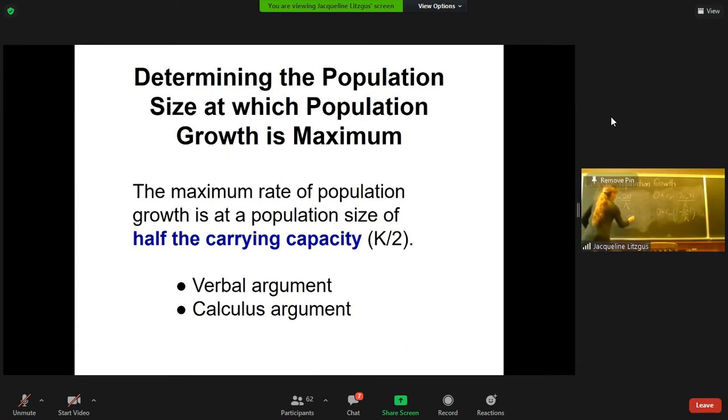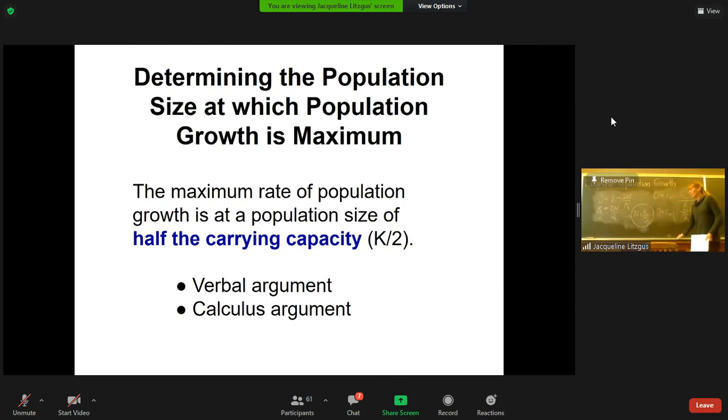So if we do that, you see that n equals k over 2. Right? And there's the formula for the size of the population at which growth rate is maximized: it's when n is k over 2. Okay? So the maximum rate of population growth is at a population size that is half of carrying capacity.